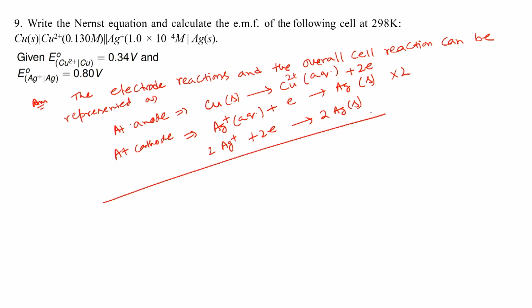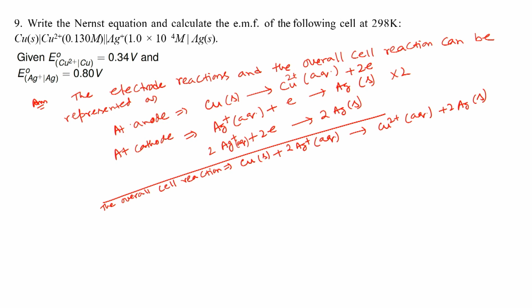So the overall cell reaction we can write as Cu solid plus 2 Ag+ aqueous produces Cu2+ aqueous plus 2 Ag solid.